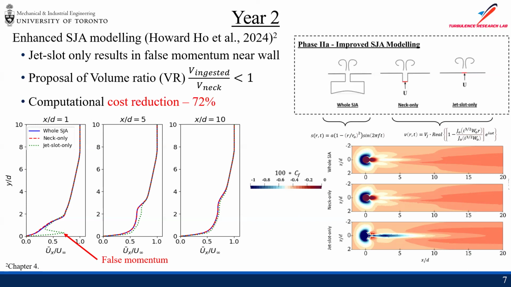And if we're able to satisfy that, the neck-only results get very comparable performance results compared to the whole SJA with dynamic mesh, but with significantly reduced cost, which becomes really crucial later on when I try to apply SJAs onto a cylinder or with LES.